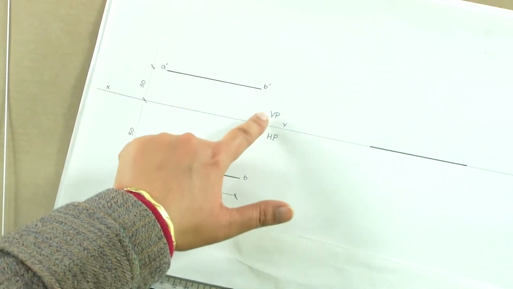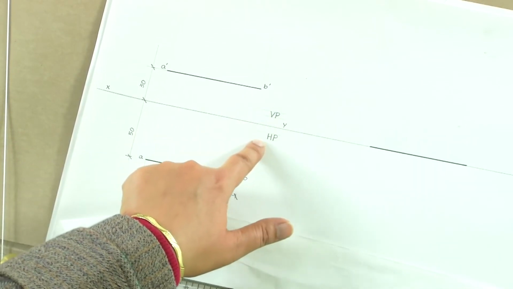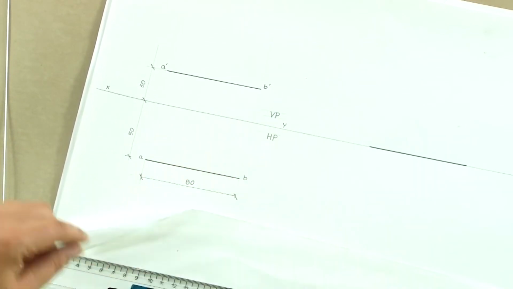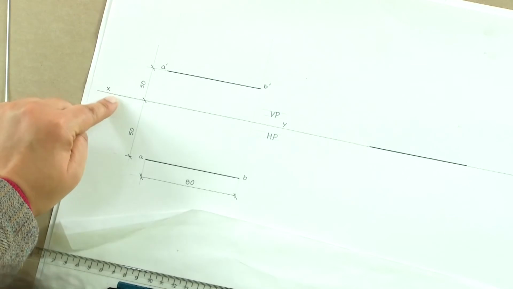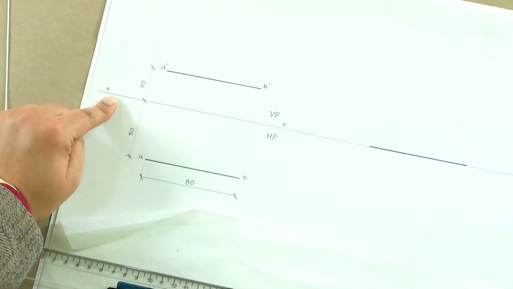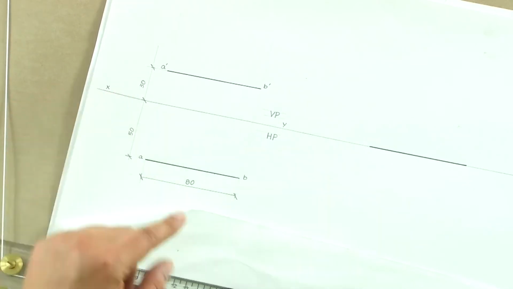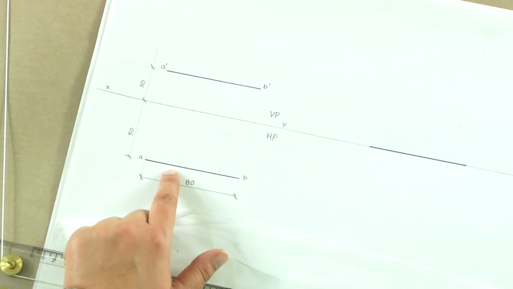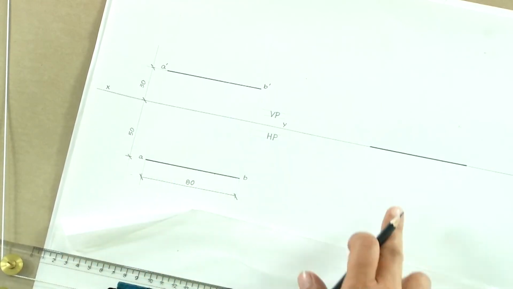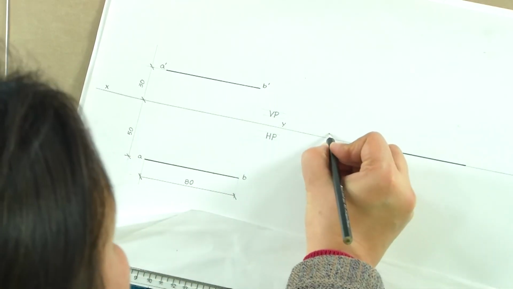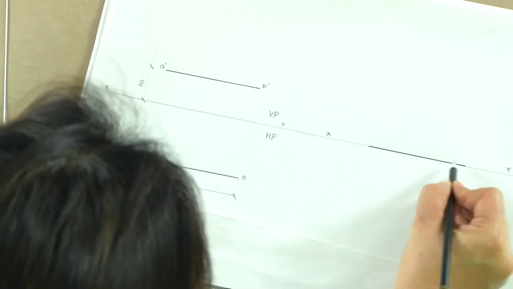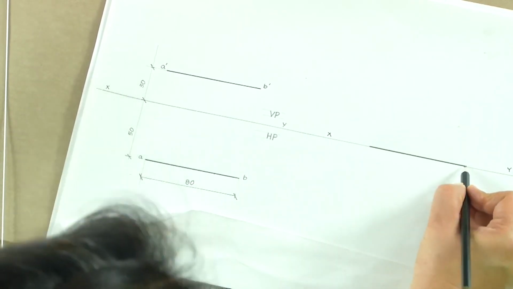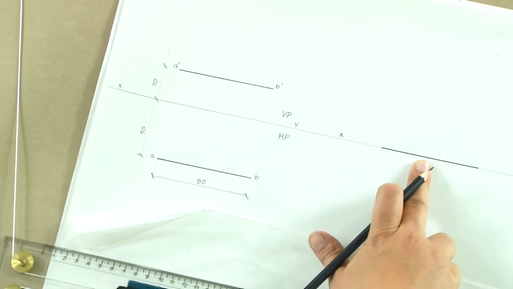Even these guidelines for writing your text should be very thin. The dimension line should be the next dark one, almost equivalent to XY. XY is slightly thicker, and the darkest is the object. The same thing we would follow, and now we can see that XY is distinct and the projection of the line is distinct. Now, this is the top view.